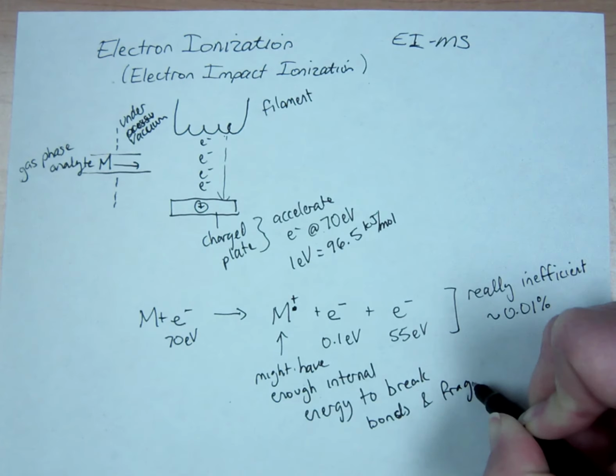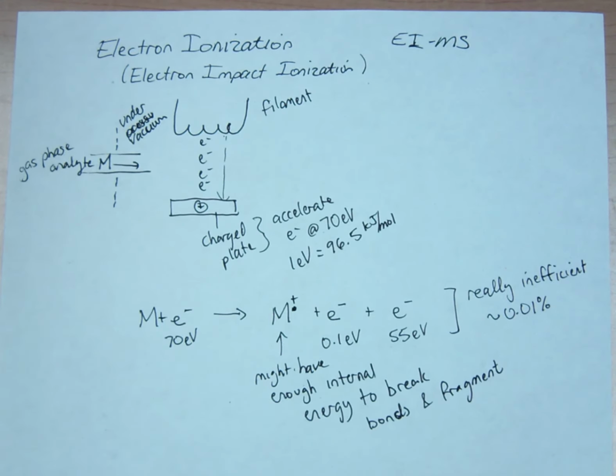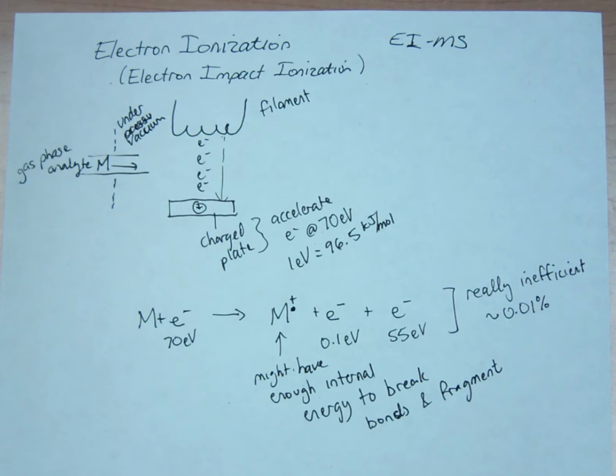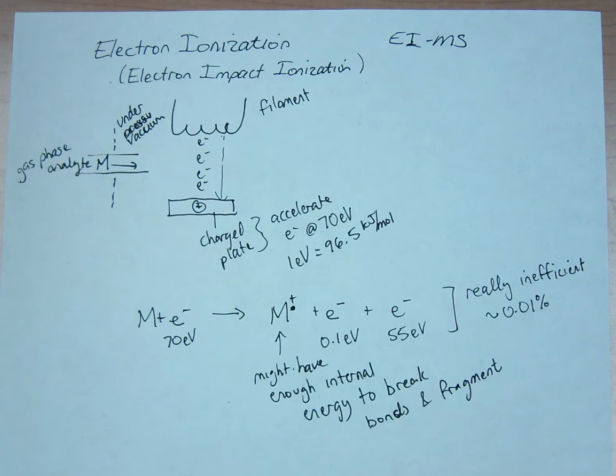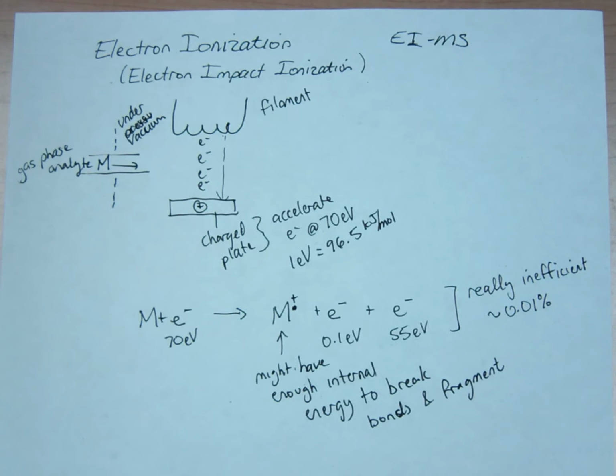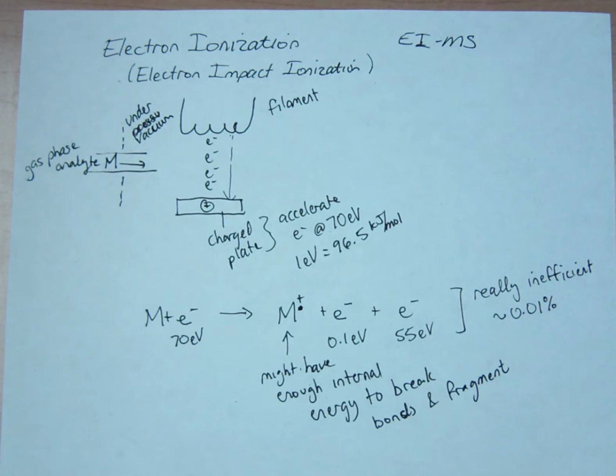We can think of this as it just falling apart into its pieces. We'll look in a later video at how to predict how these molecules are going to fall apart and what kind of ions we'll see as they fragment.